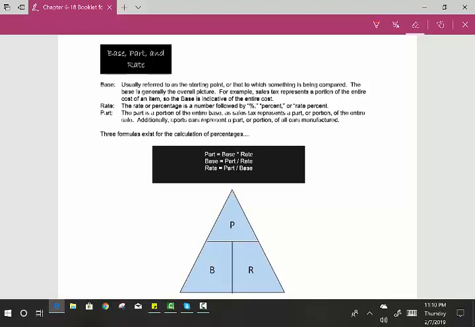Additionally, sports cars represent a part or portion of all the cars manufactured. The rate is really easy because it's identified with the percent sign or the word percent or the words rate percent. Okay, so there are 3 formulas in this particular chapter, and that is for the part, base, and rate.